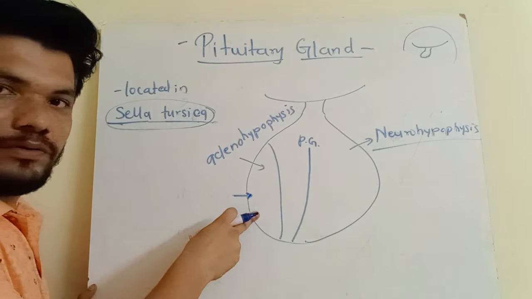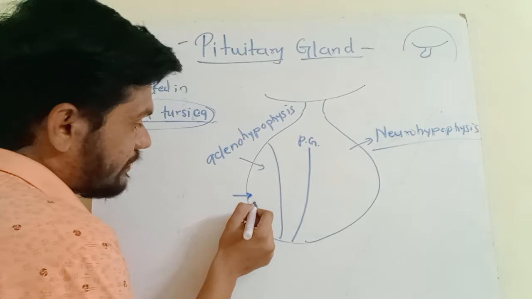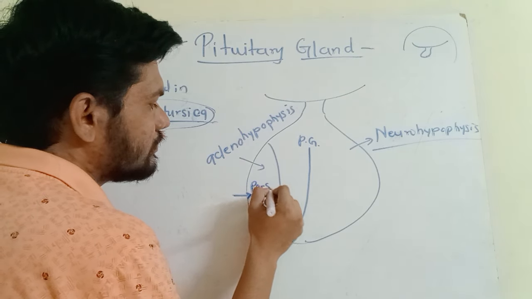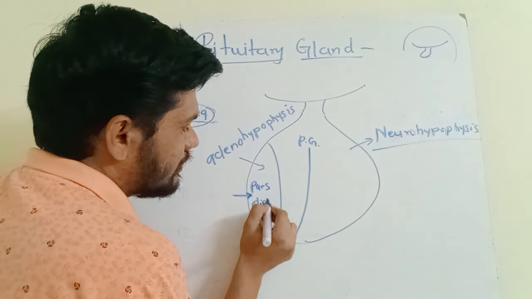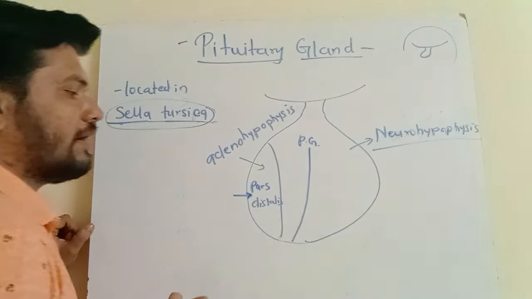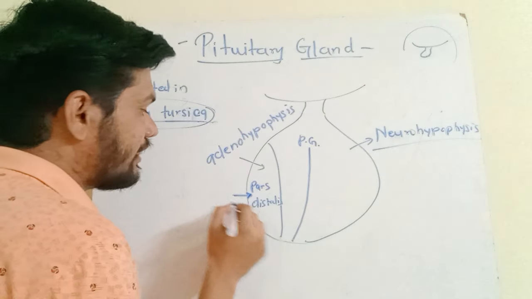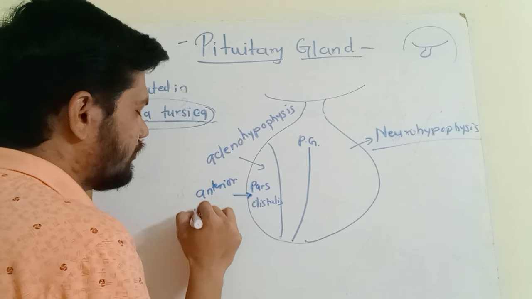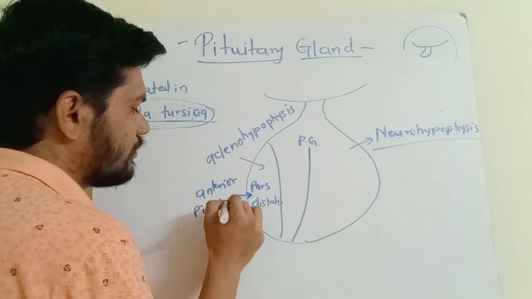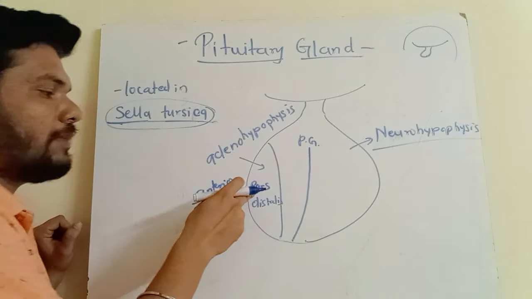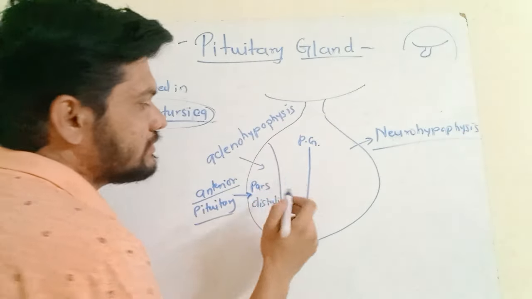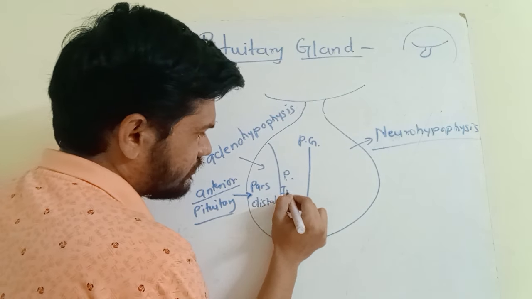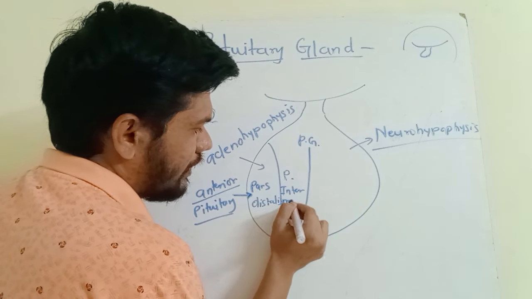Then the adenohypophysis is again divided into two regions. The first one is called the anterior pituitary, also called the pars distalis. And this is called the pars intermedia.